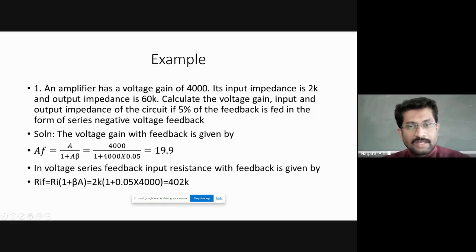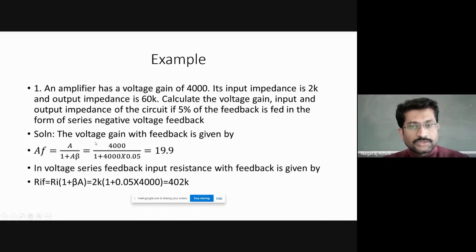Note down the given first. A is equal to 4000, Ri is equal to 2k, R not equal to 60 kilo ohms, then beta equal to 5%, that is beta is 0.05. Therefore, AF is equal to A divided by 1 plus A beta.